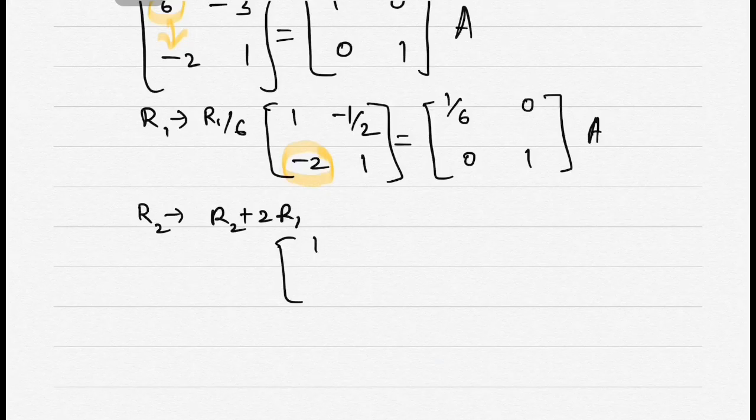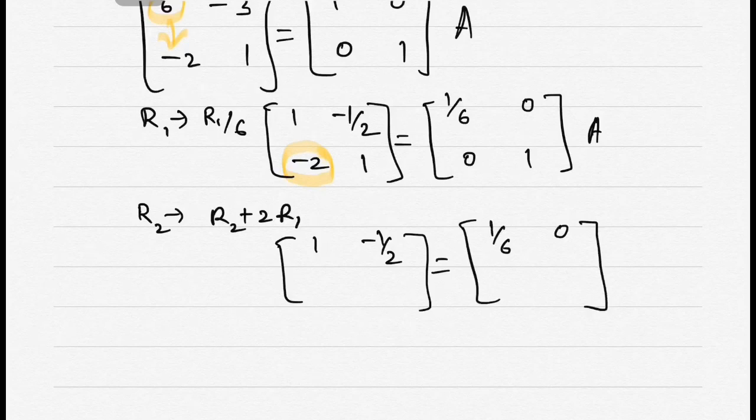We are not doing any change in R1. 1, minus 1 by 2 on the left side; on the right side, 1 by 6, 0. We are doubling the first row and adding it to the second row. We'll get 0, here also we'll get 0, and 0, 1 into A.